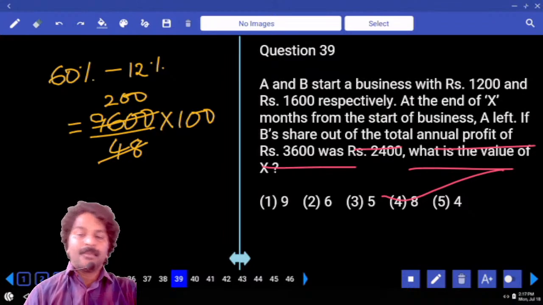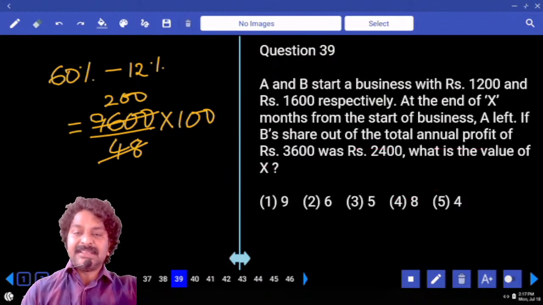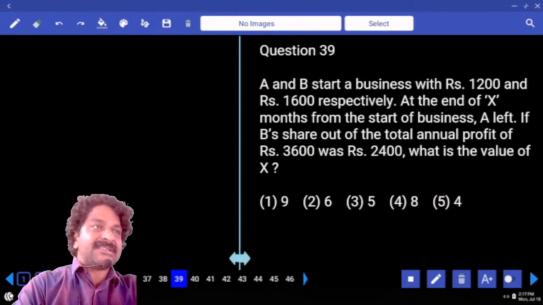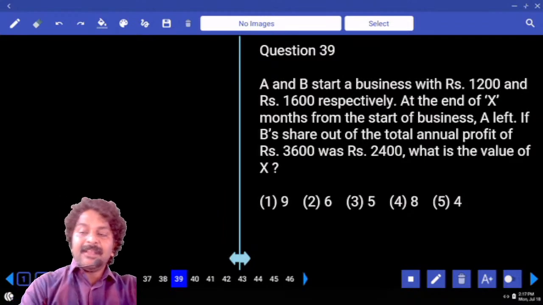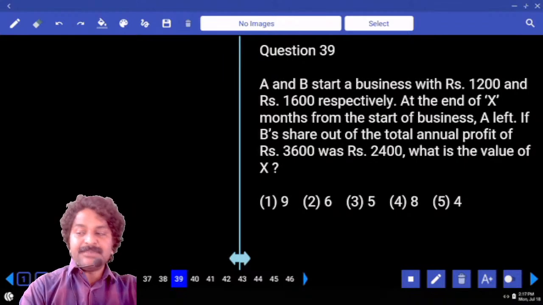Over. A and B started a business with 1200 and 1600 respectively. At the end of X months from the start of the business, after X months, correct? A left. That means A is there in the business for X months only.